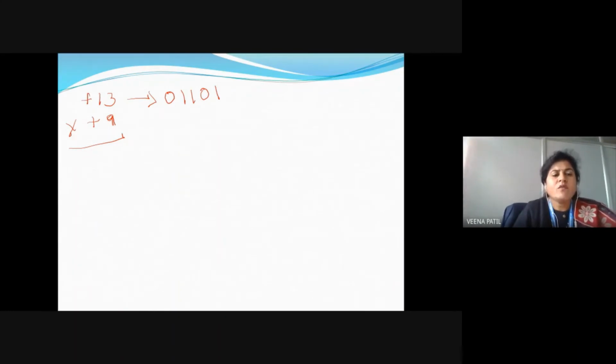So if I have to represent -13 in 2's complement format, I need a 5-bit representation. That's why we take it as 5 bits. Okay. Now, how about +9? What is the binary representation of +9? 01001.